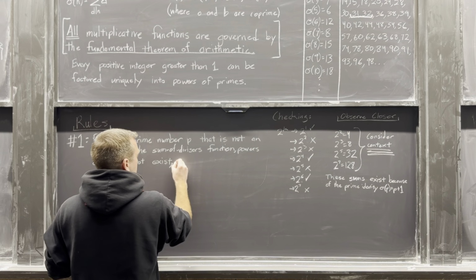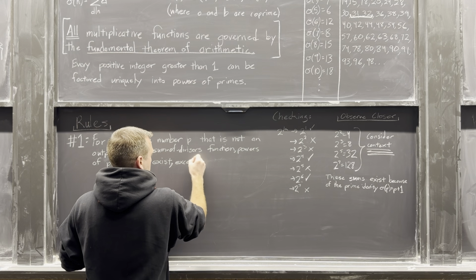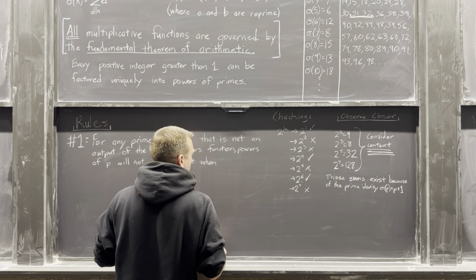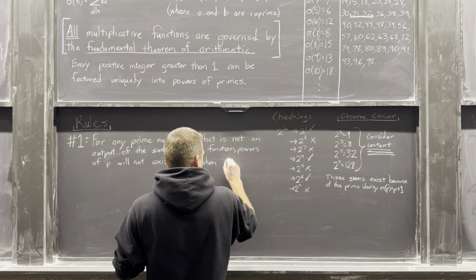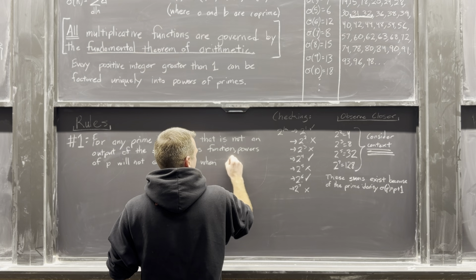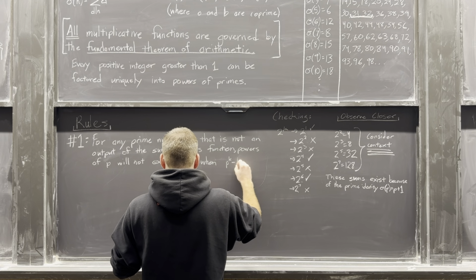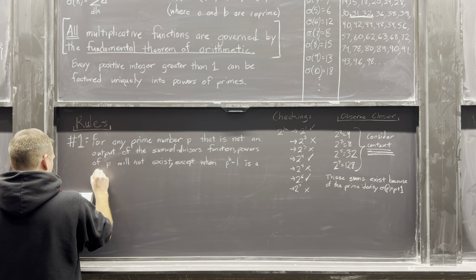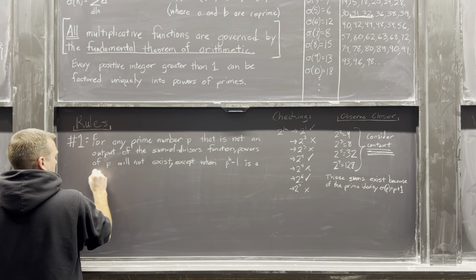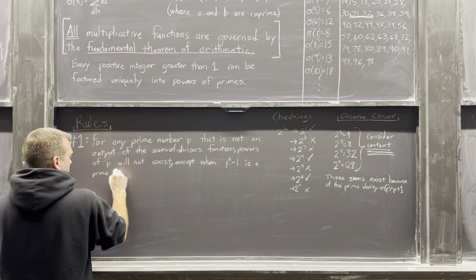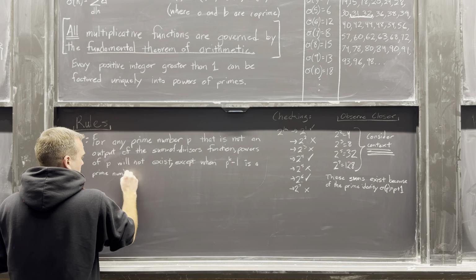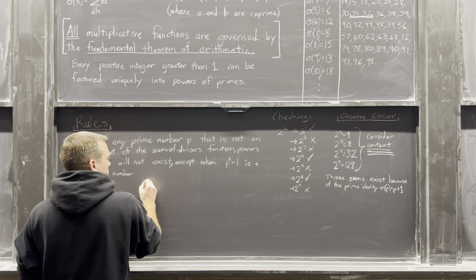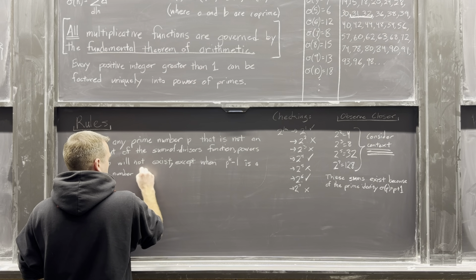So instead of a period, we say, except when p to the k minus 1 is a prime number for some integer k.